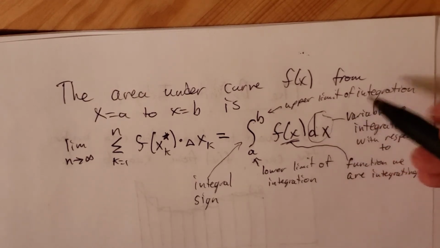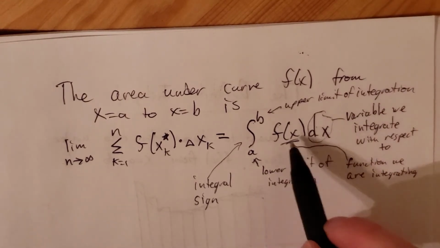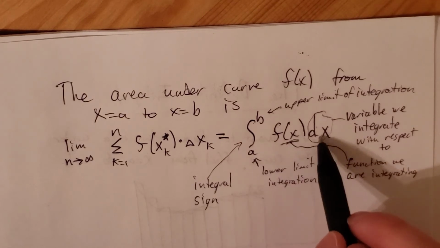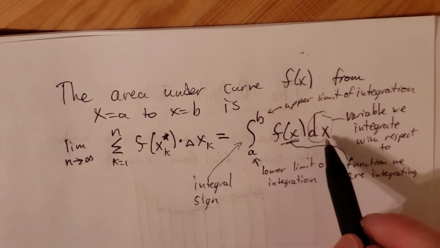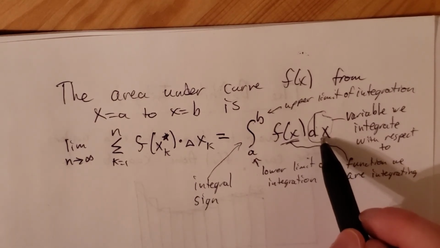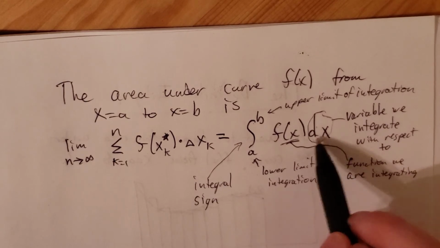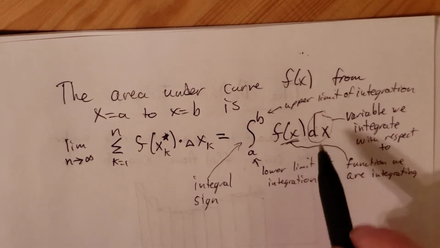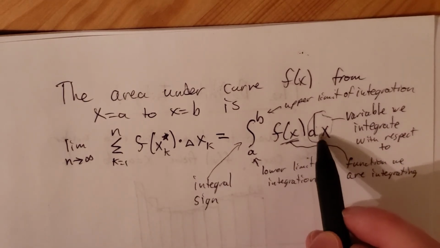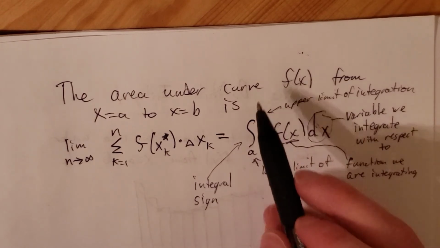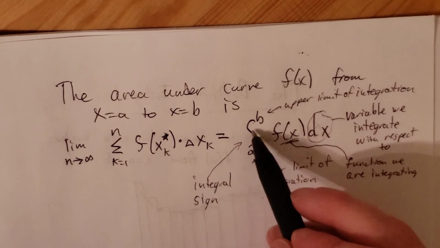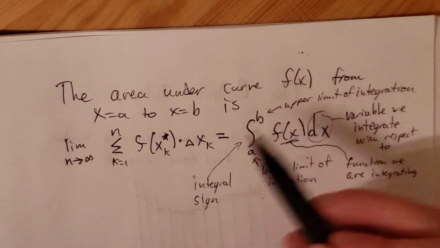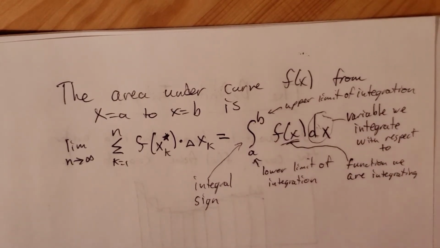In some sense, we almost think about this as the height of the function times the width of the function, but the width of the function is going off to 0, so we have some differential here that represents the infinitesimally small width of the interval. And so we multiply those together, and then we add up or sum up, right? That's what this integral symbol means. We sum up from a to b. And that's essentially what's happening.